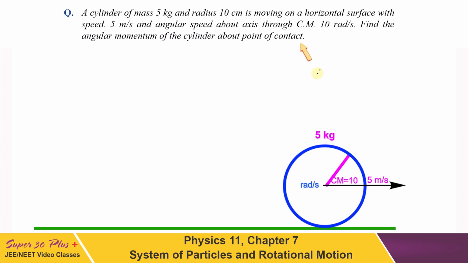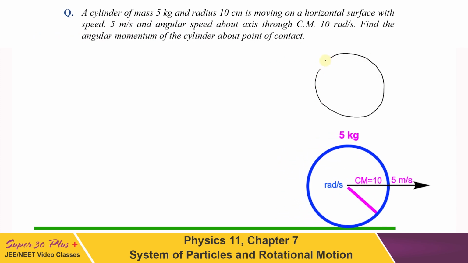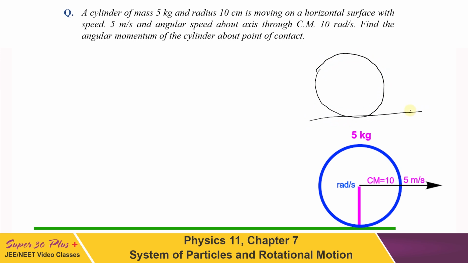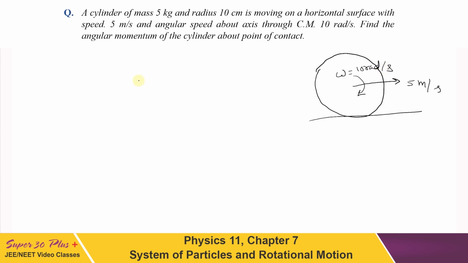Let us consider this cylinder which is rolling on the contact surface. Now its center is moving with speed 5 meter per second and omega is 10 radian per second. We have to write the angular momentum about the point of contact, so that can be written as LO plus LCM, where LO is the angular momentum of the center of mass with respect to the point of contact.